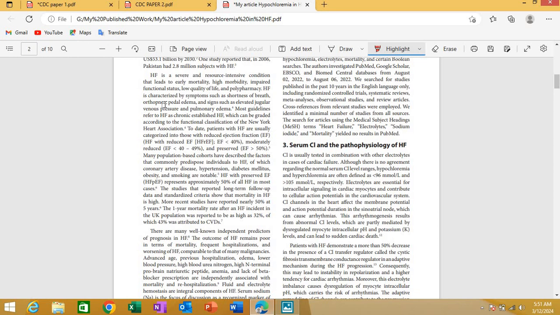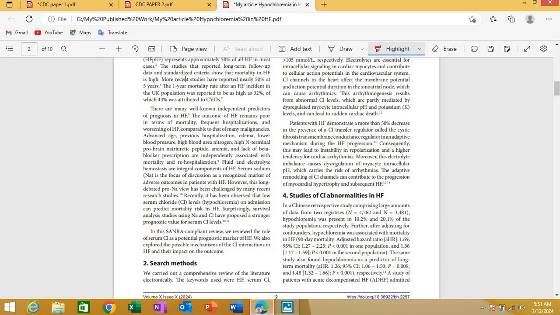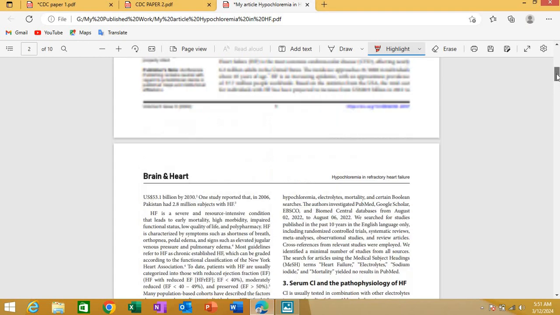Then this whole is the second paragraph, and then we have this third paragraph, and this at the end is the fourth paragraph. So it's a 4 paragraph introduction, and see what I have written in this paper's introduction.